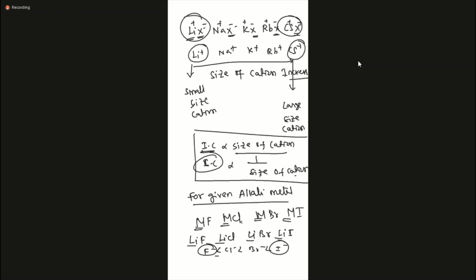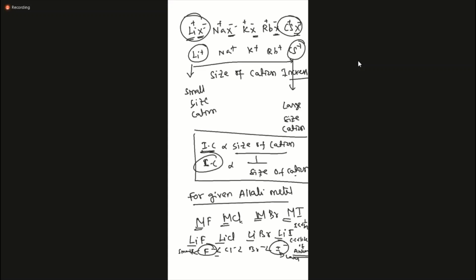Now, coming to Fajan's rule, covalent character is directly proportional to size of anion. Anion size increases, covalent character increases. Ionic nature is inversely proportional to size of anion. So F minus is a small size anion and I minus is a large size anion.